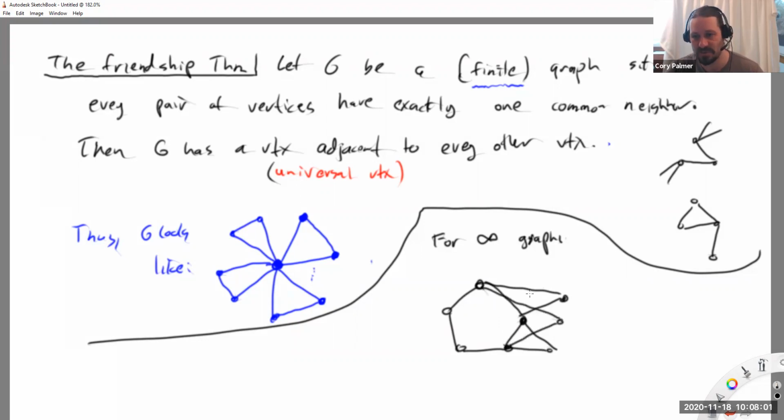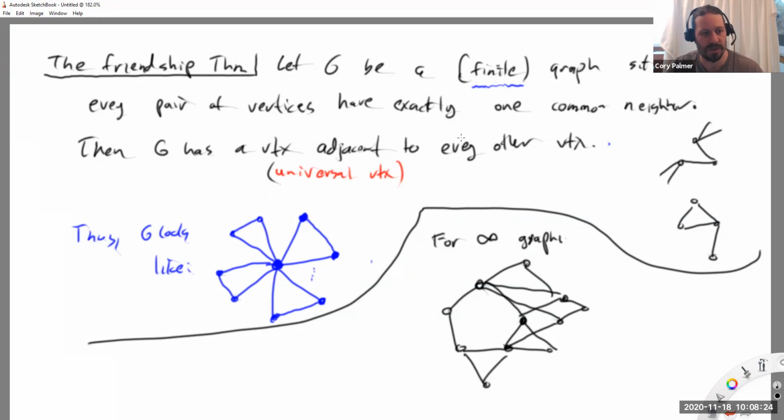As I introduce new vertices, I'm getting new pairs of vertices that don't have a common neighbor, so I have to add even more vertices. Obviously this thing's not going to terminate. And this theorem proves that it doesn't somehow magically go back in on itself and become finite. That's impossible. But we can just keep adding forever. It completely gets out of hand.